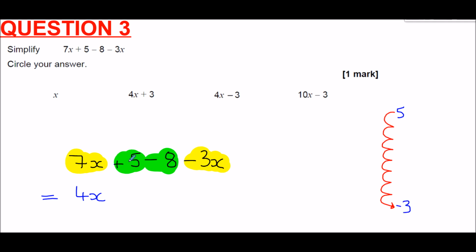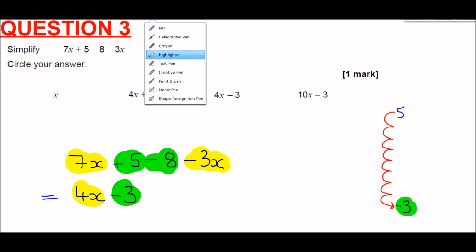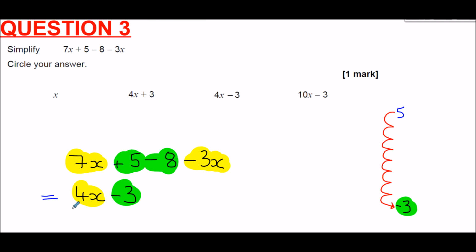And so positive 5 minus 8 becomes overall minus 3. So the x's become 4x, and 5 minus 8 becomes minus 3 when we count from 5 down by 8. And so luckily this is, as you'd expect, in our possible options. So what we need to do is circle 4x minus 3.